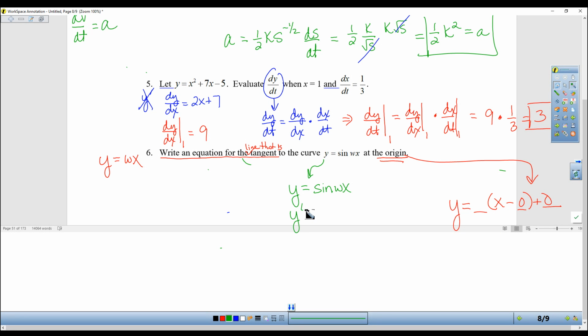Y prime is equal to sine of wx times the derivative of the inside, w. And then at the origin, y prime, cosine of wx times w, the derivative. Now look at this, I'm going to change my notation.